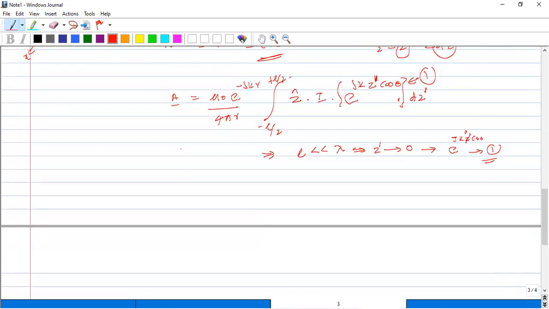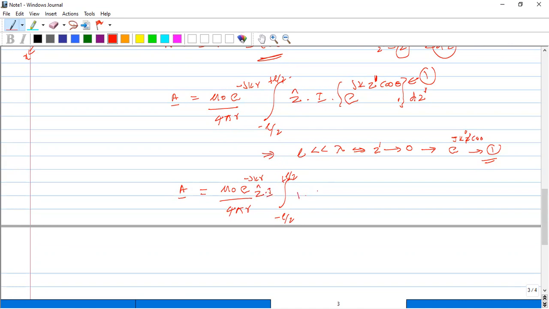So now A is equal to mu naught e to the power minus jkr over 4 pi r, integrated from minus L by 2 to plus L by 2. The z hat and I are constants, so you can take them out, and this part is 1.